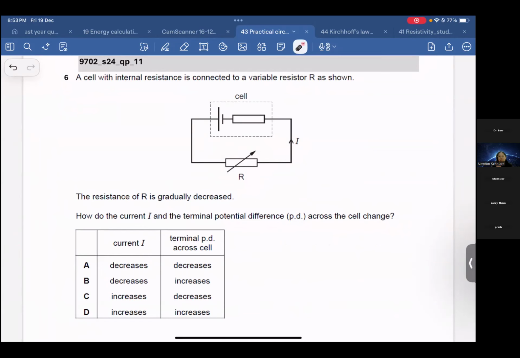Although the voltmeter is connected at the cell there, it is actually measuring the potential difference across the component. So what is your answer when the resistance of R, the variable resistor, decreases? Correct, good job.